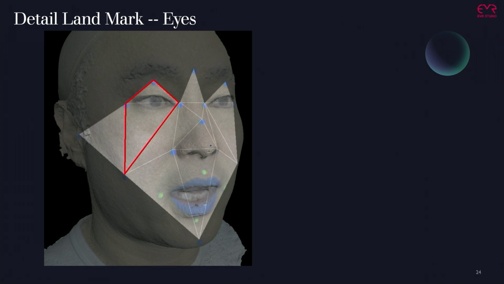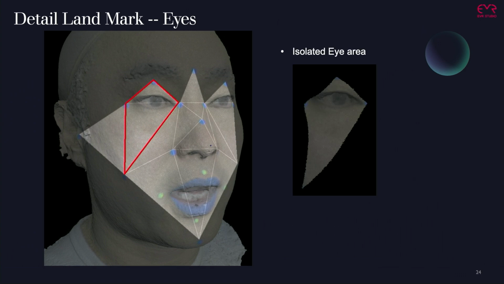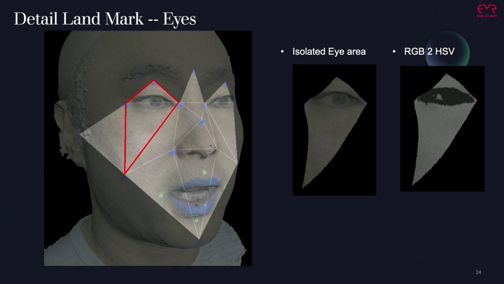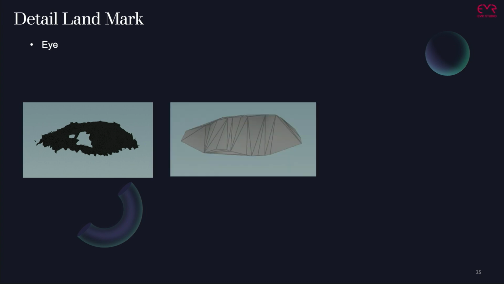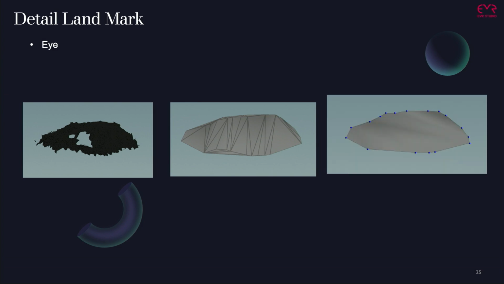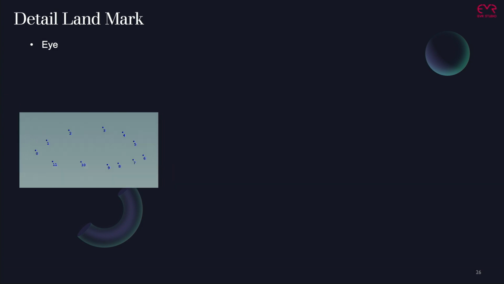The detailed landmark of the eyes is done the same way. First, isolate the eye area using the primary landmark. Perform RGB to HSV and VEX. In dealing with the noise in the eye scan trace, I found it the easiest to use the convex hull node. Perform the usual remove shared edges.